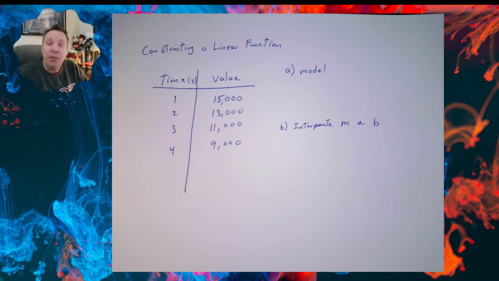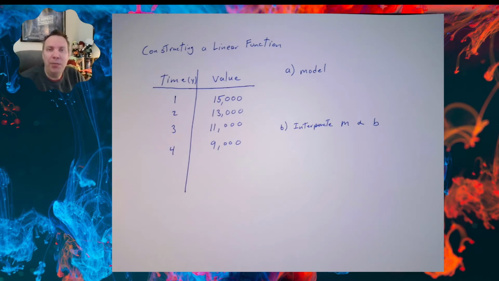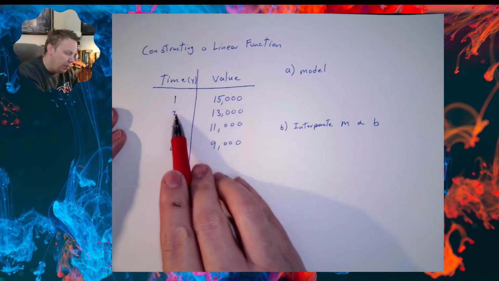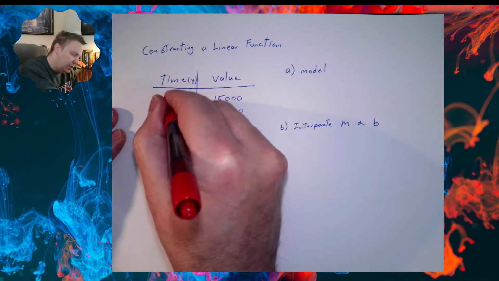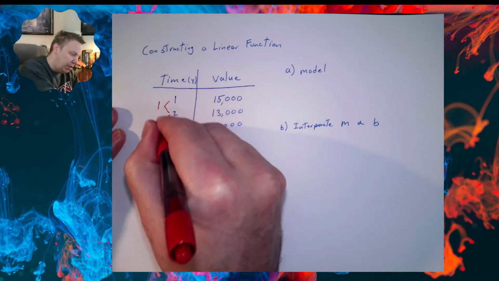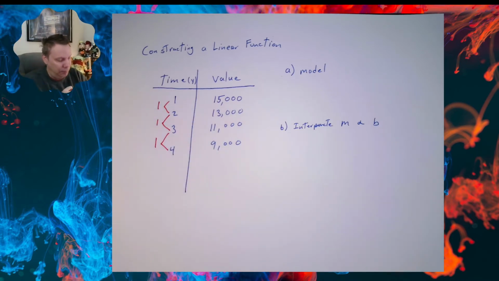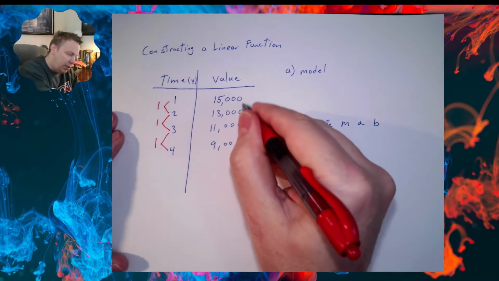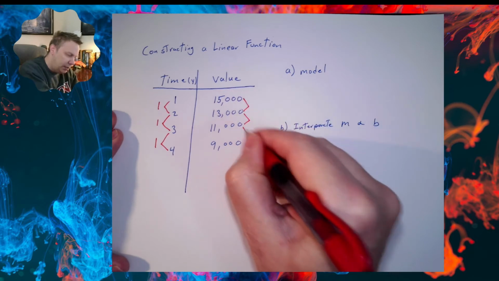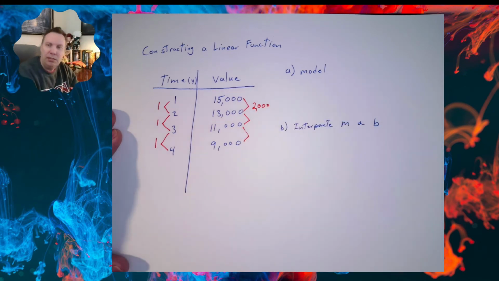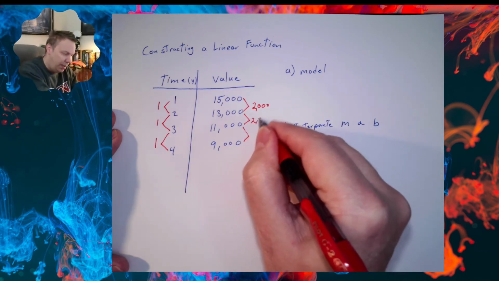So what I want to do is first figure out if this is actually a linear model that I'm going to be using. The way I can do this is I'm going to look at these time intervals here. These time intervals have a difference of 1, a difference of 1, a difference of 1. Now I want to look at these differences. This is 2,000. This is also a difference of 2,000.